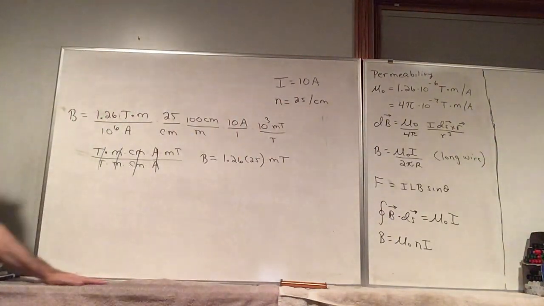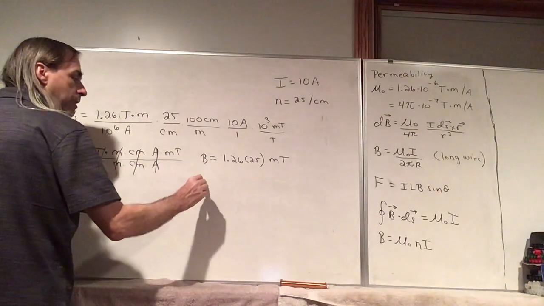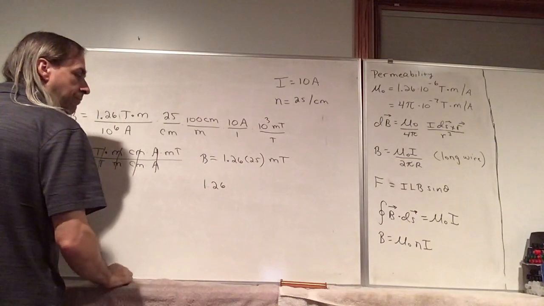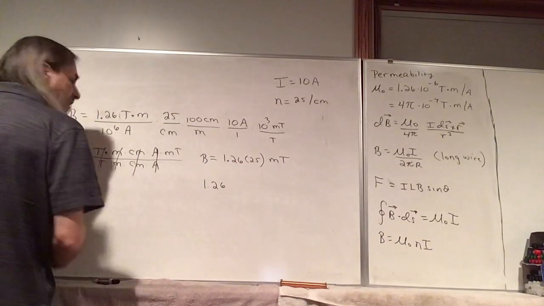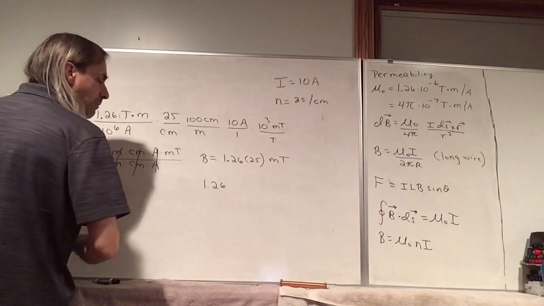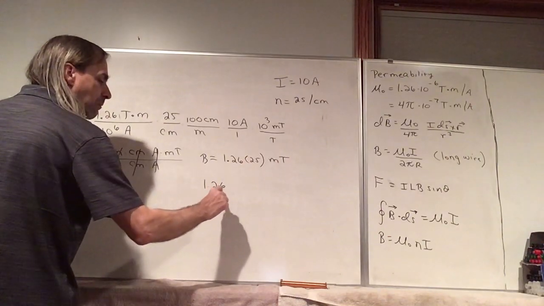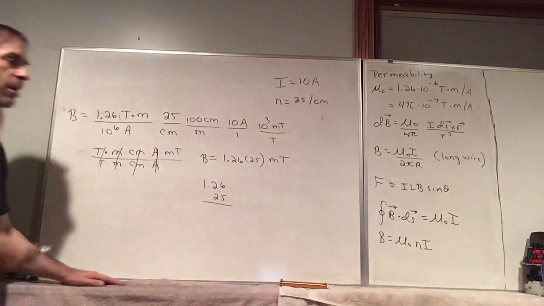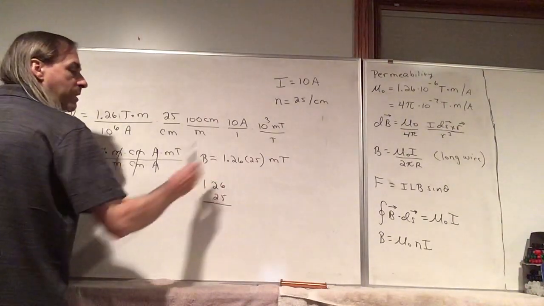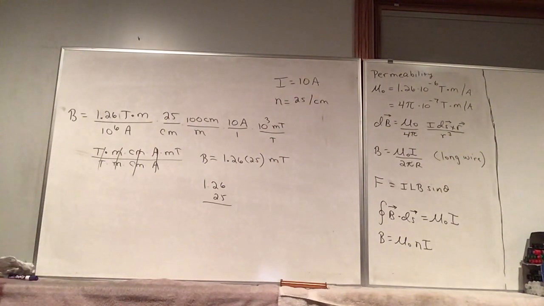Nice, we had 10 amps, a nice even number. So let's just do this. 1.26 times 25. Can actually simplify that a little. Let's just do it the long way. Who cares? We could multiply by 4 over 4. So we'd have 1.26 times 100 divided by 4.